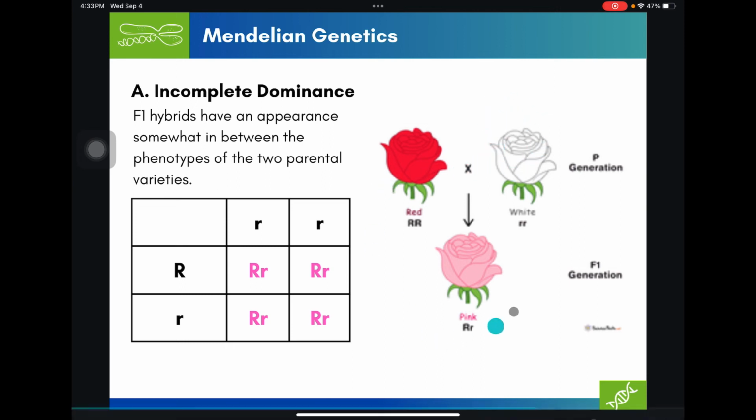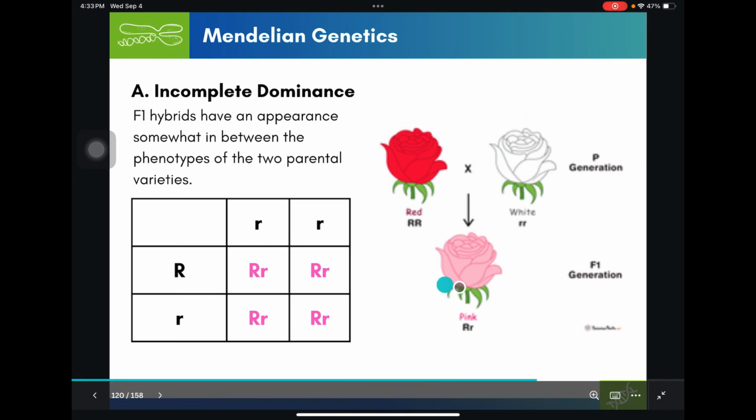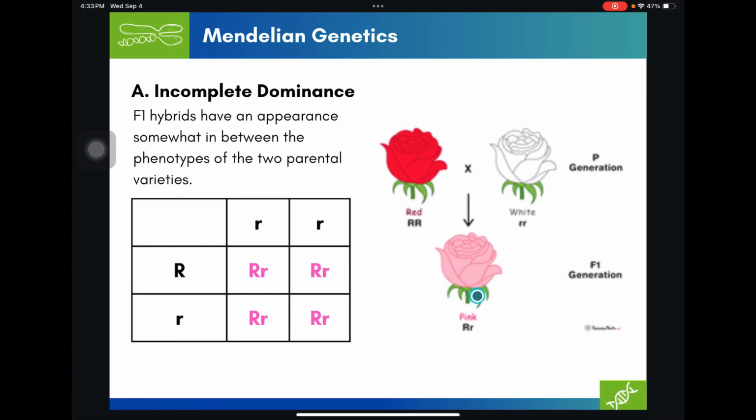Supposedly, our expected F1 generation should also have the red coloration, because a cross between these two would produce pure heterozygous offspring. However, in incomplete dominance, the dominant allele was not able to be fully expressed in the offspring, and as such, it displayed a different coloration. In this case, it's pink.